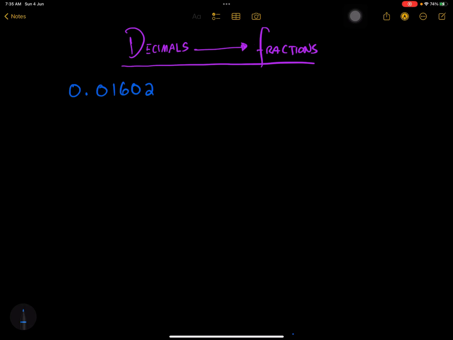Now we're going to move this decimal point to the right. The first move is here. The second, we keep going, we move it here.